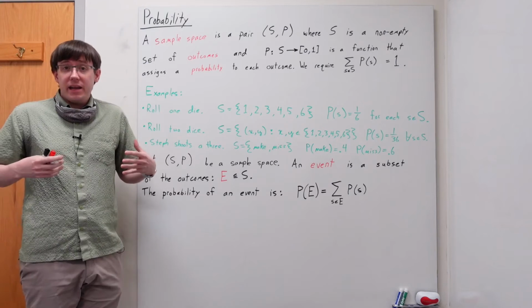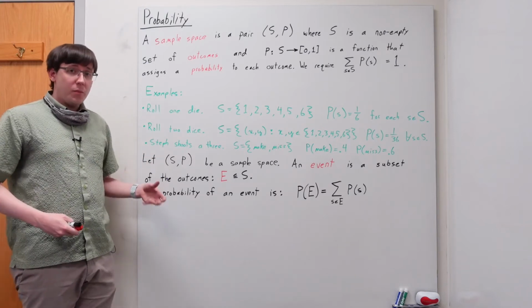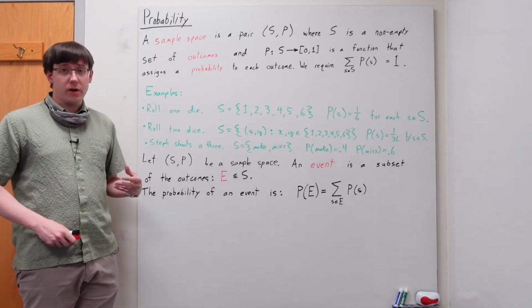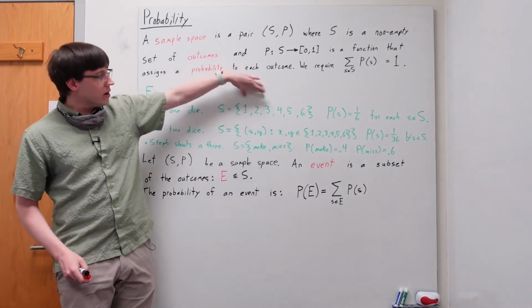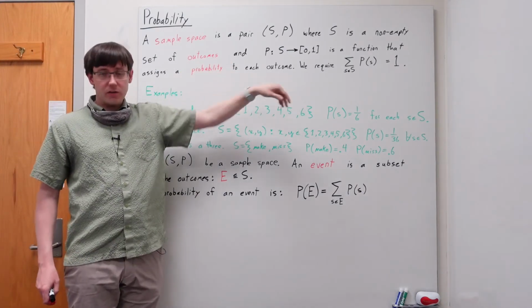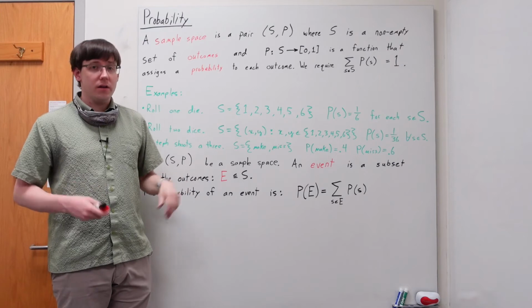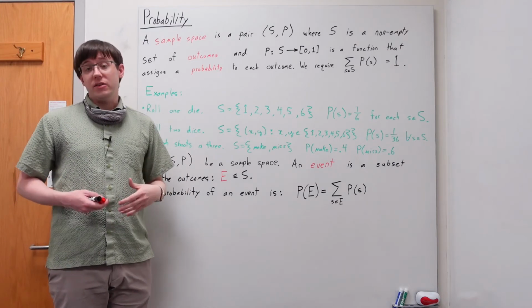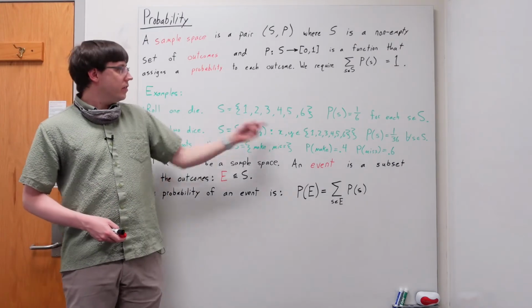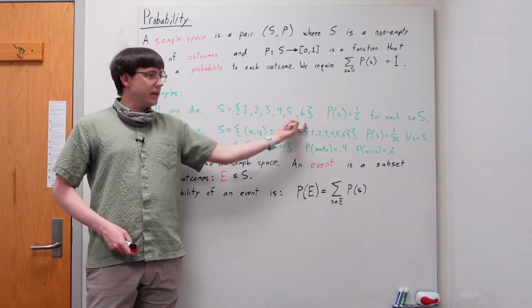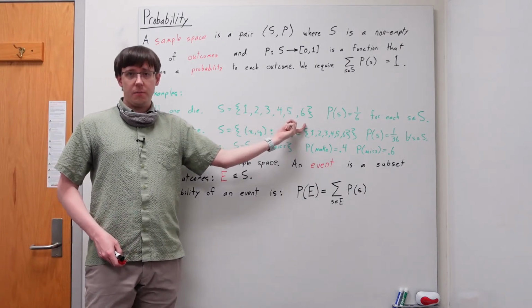We define an event as some subset of the outcomes. So if our outcomes were 1 through 6, we could define the event of rolling at least a 5 to be the subset of S that contains the elements 5 and 6.